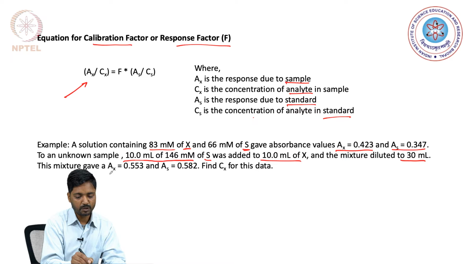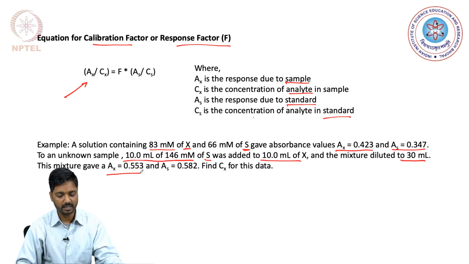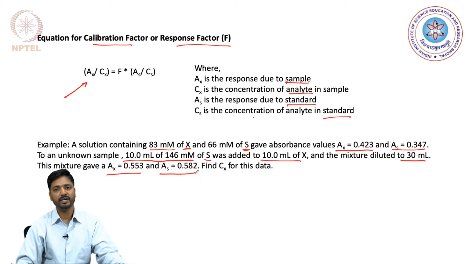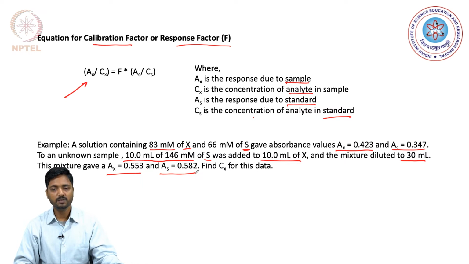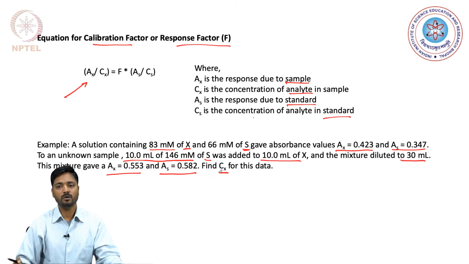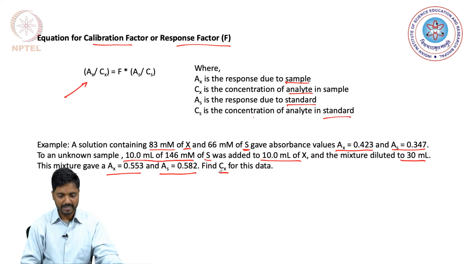It gives the absorbance value due to the analyte in the sample as 0.553 and due to the standard as 0.582. Based on this data, we need to find out what is the concentration of the analyte in the unknown sample. So let us quickly go to the board and try to solve this.